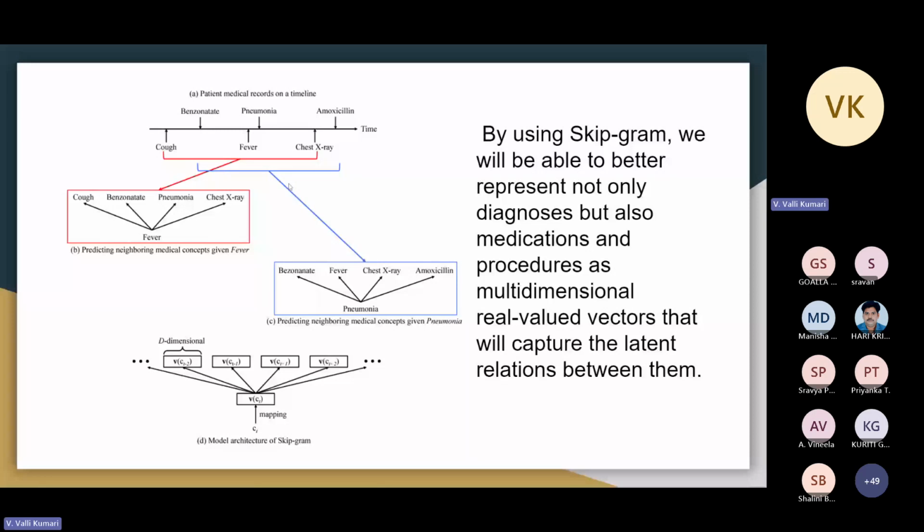You have 4 items over here, and it doesn't start with cough, it starts with benzonatate and goes on to amoxicillin, right? So given pneumonia, these are the neighboring concepts. Given fever, these are the neighboring concepts if you're taking 2 as the window.